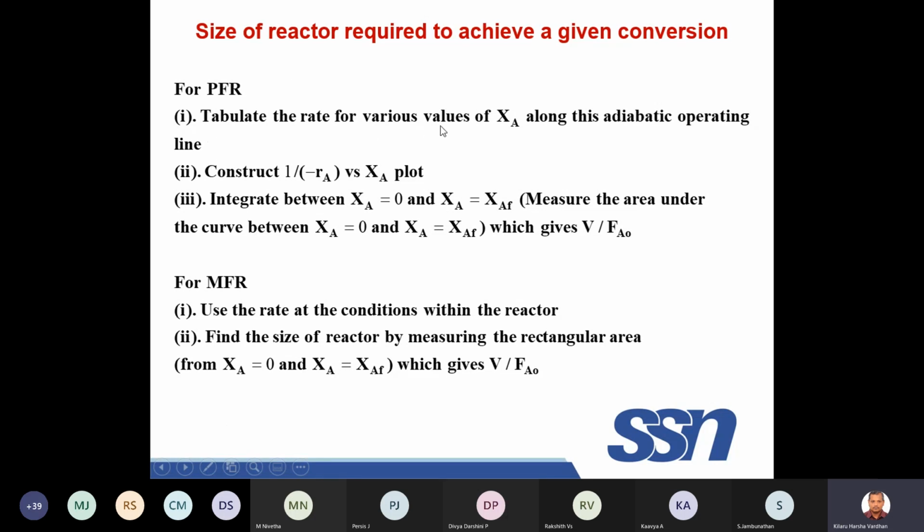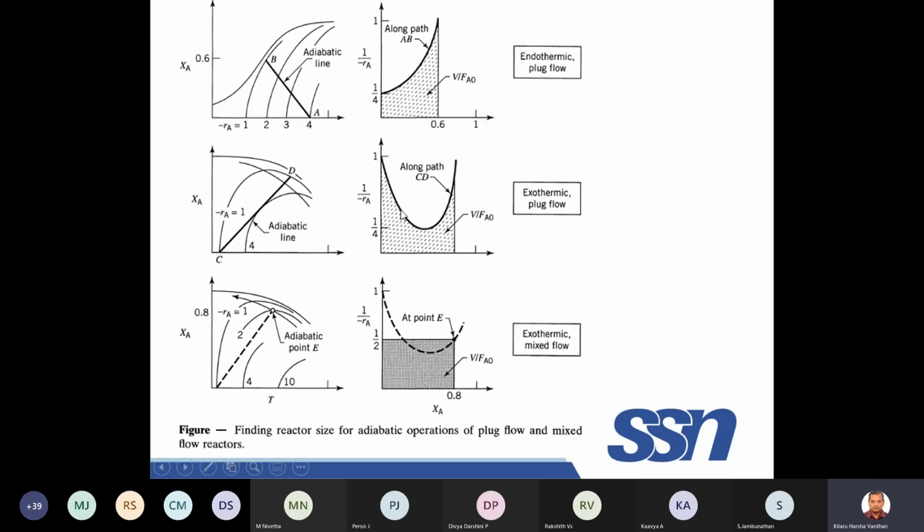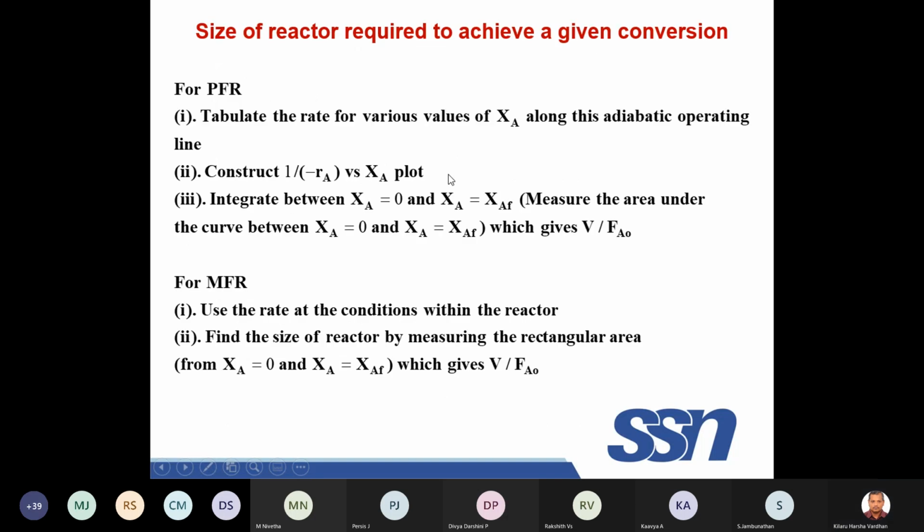Tabulate the rates at various values of XA along this adiabatic line, and then construct the minus 1 by RA versus XA plot. Integrate between XA is 0 and XA final, and then measure the area under the curve, which gives V by F naught. For MFR, use the rate at the conditions within the reactor.